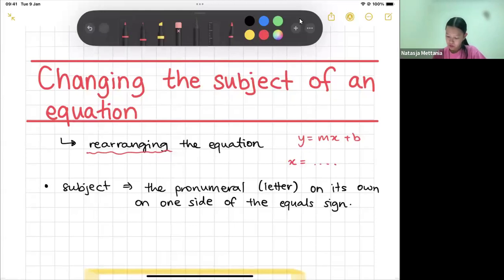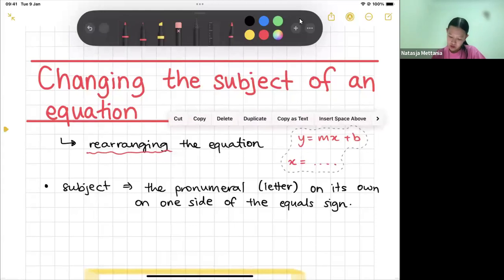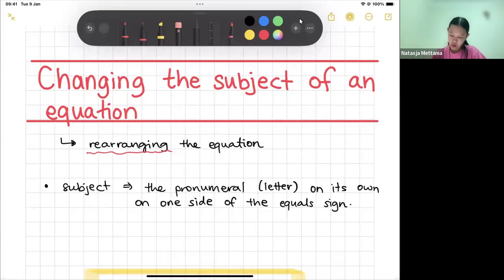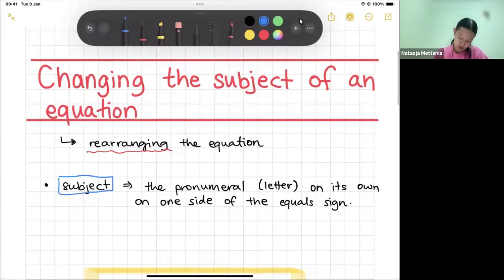One thing that we need to know is the following. The subject-specific term. What does subject mean? Subject in an equation basically means the pronumeral, the letter, is on its own on one side of the equal sign. So basically that x equals something, that y equals something, that b equals something.